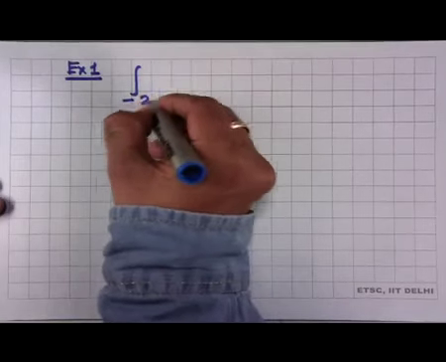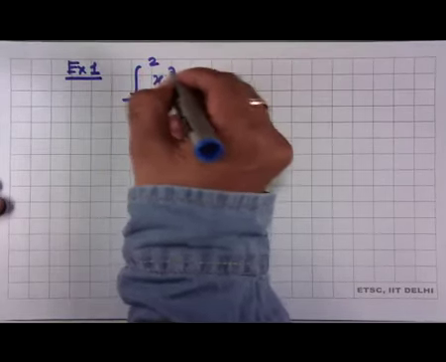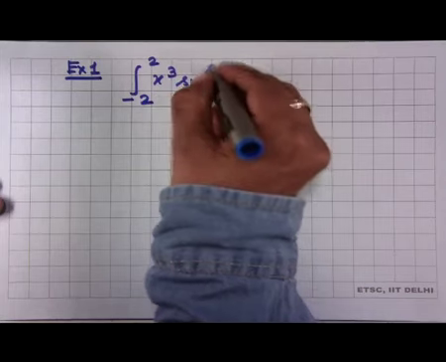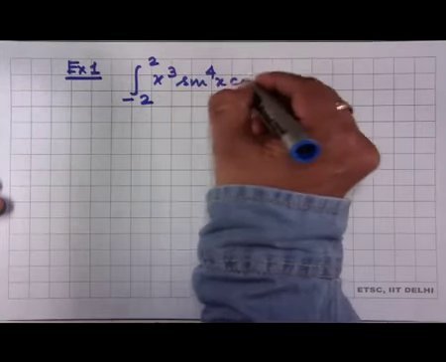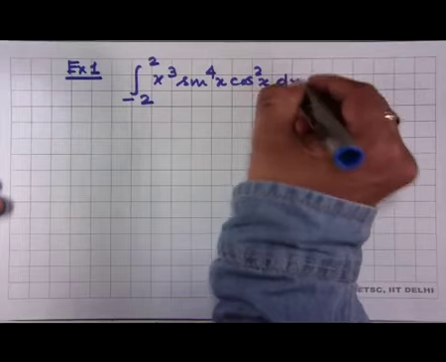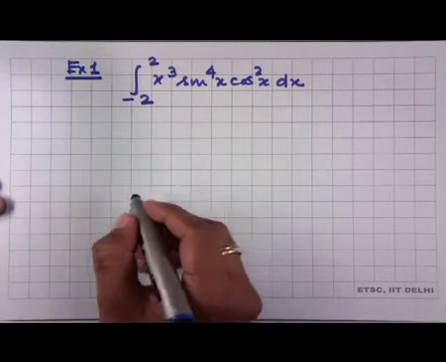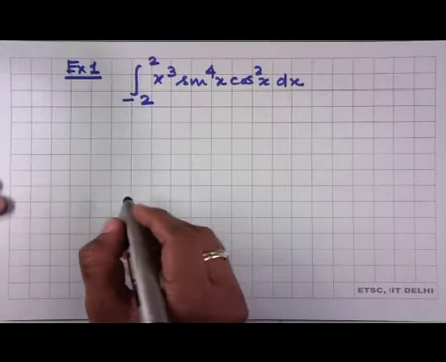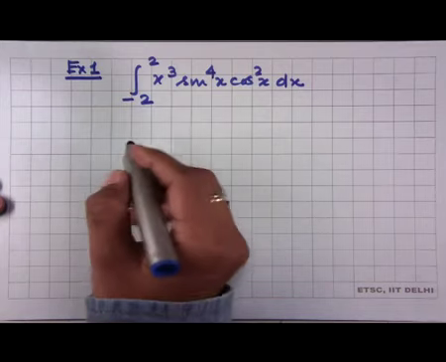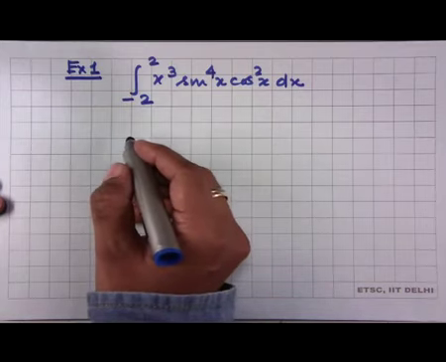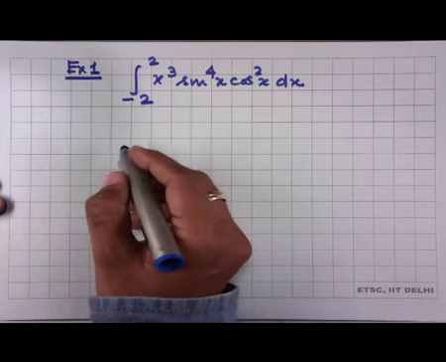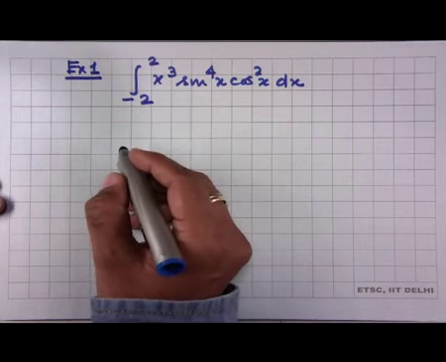Example 1. So if I ask you to compute this integral and you start integrating it by different techniques, you may be in trouble, but if you use properties of definite integrals then it becomes very simple.